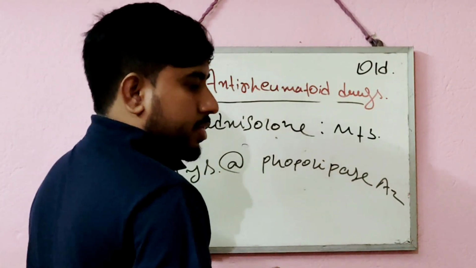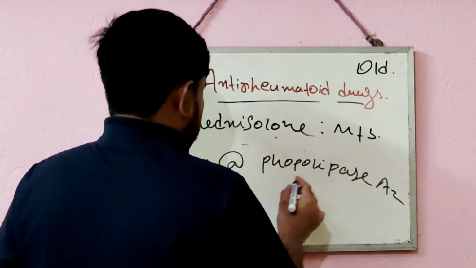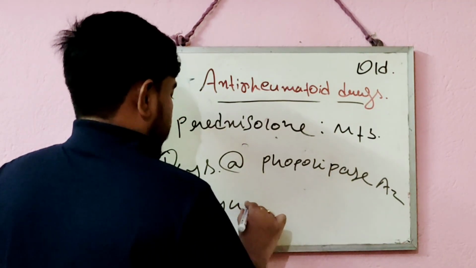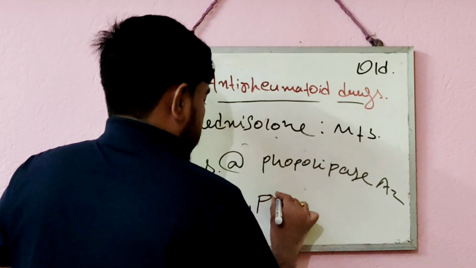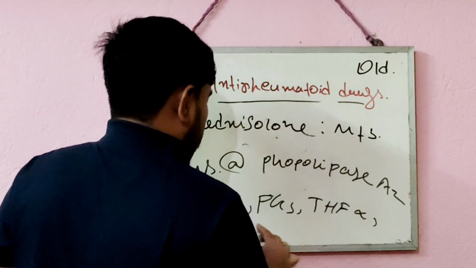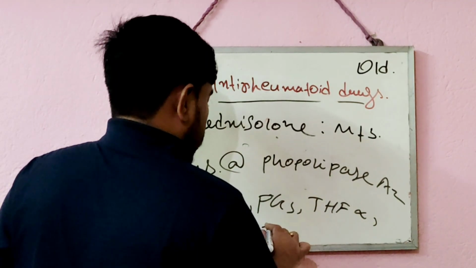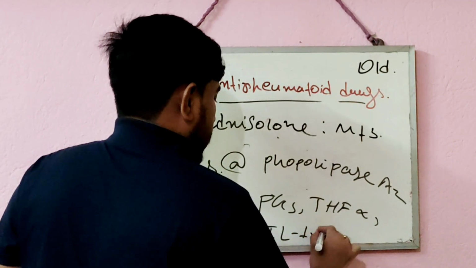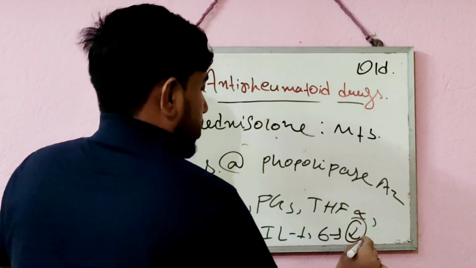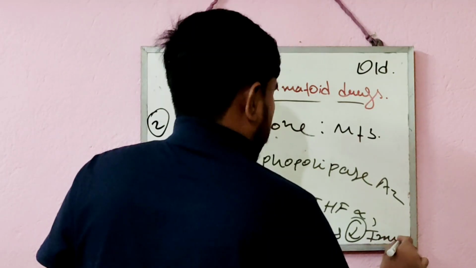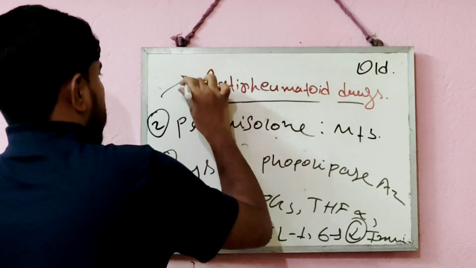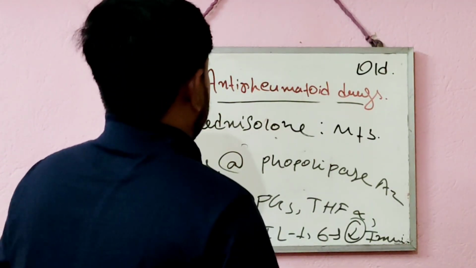By inhibiting the action of phospholipase A2, it is going to inhibit the synthesis of cytokines, prostaglandins, TNF alpha, and also interleukins 1 and 6, and that will lead to the suppression of the immune system and treat arthritis and show its action as an anti-rheumatoid drug.